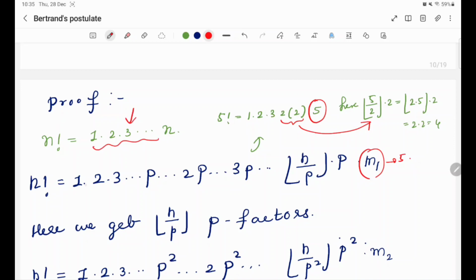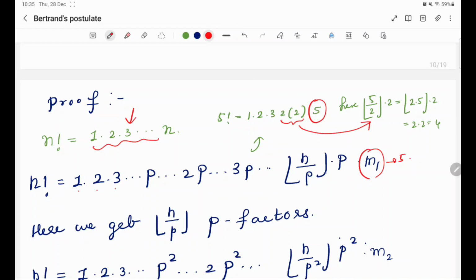N factorial can be written starting from 1, 2, 3, then I am going up to p, then again p plus 1, p plus 2, something, then I will end up with 2p, then 3p, and how far can I go? I can go only the greatest integer of n by p, because more than that will exceed n, right?